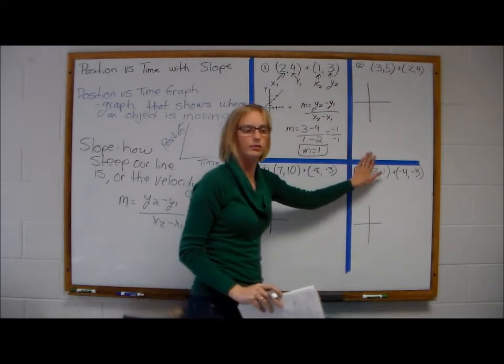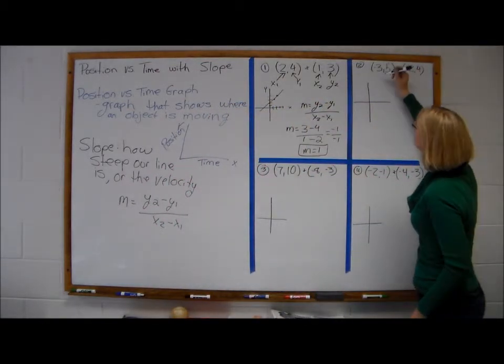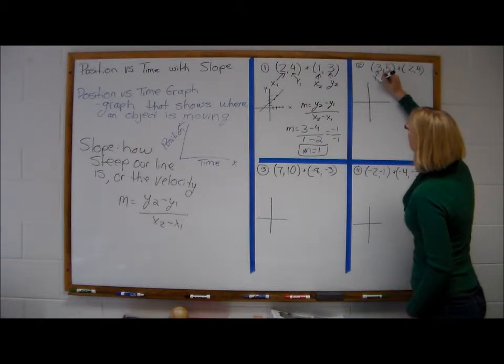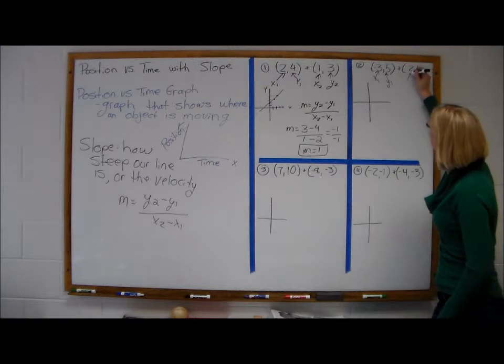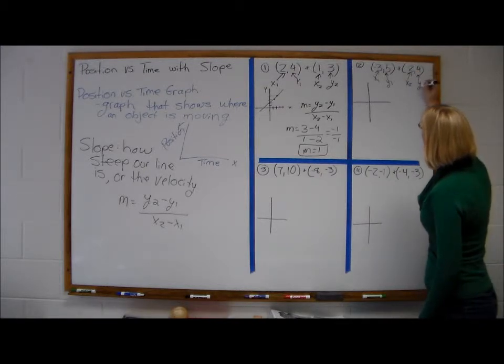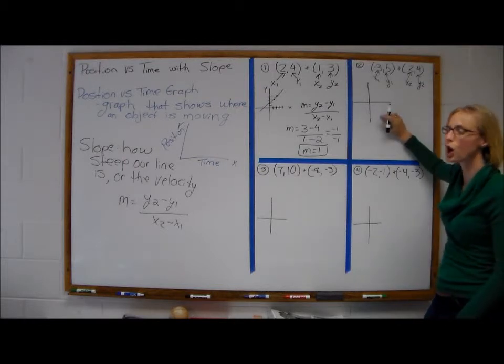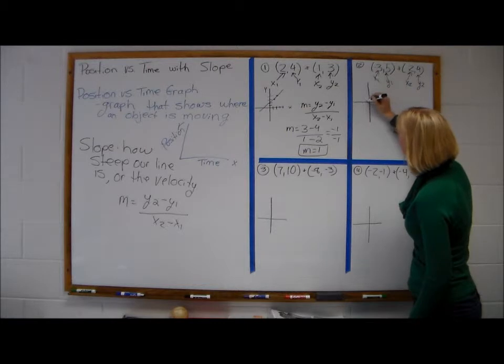We're going to do the same thing for example number 2. First, label your points. x1, y1, x2, y2. Draw your line. So we have, remember, -3 will go this way on our line. +5, we're going up.